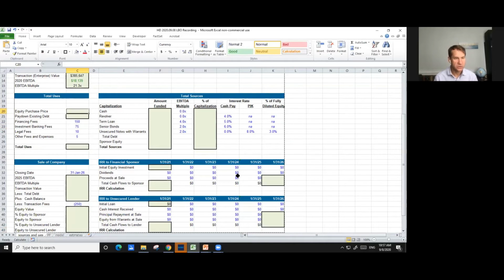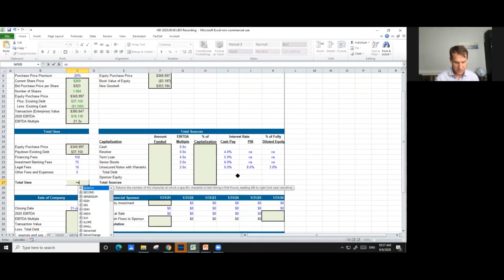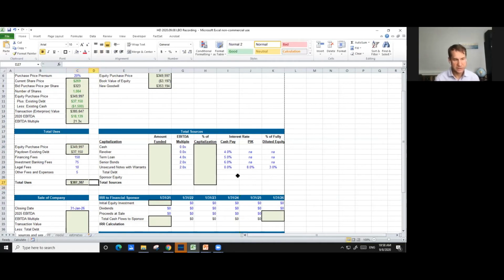Now we'll go to sources and uses. Equity is just linked to the equity purchase price we've calculated, and we'll need to pay down existing debt. And then we'll have to pay these transaction fees. So total uses will be the sum of all these items above. So it's 387 billion. And I'll just manually link it to total sources.